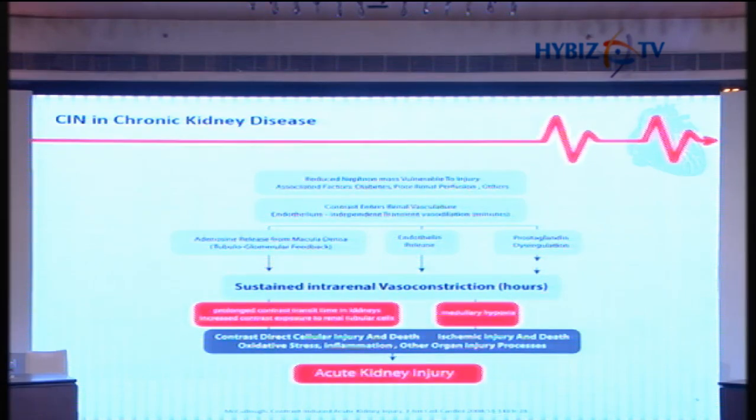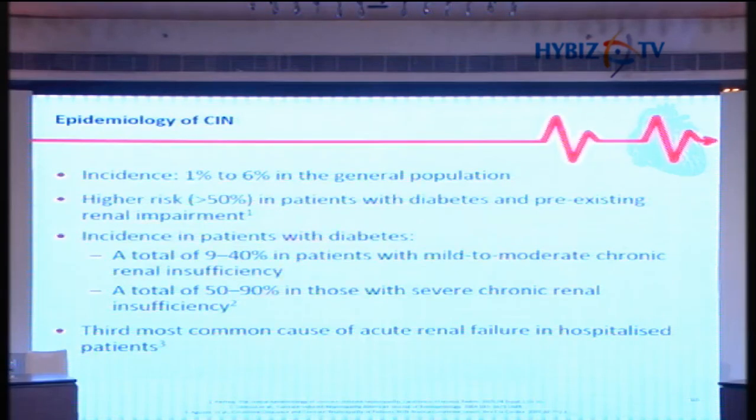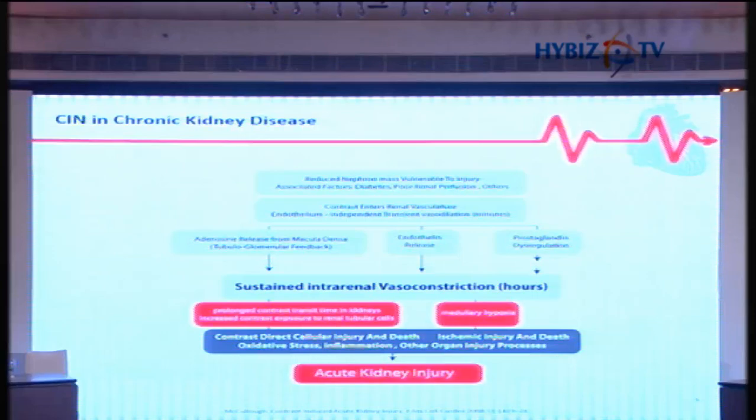Again, this gives us prolonged contrast transit time in the kidneys, and increased contrast exposure to renal tubular cells, and also causes medullary hypoxemia, which gives us acute kidney injury due to direct cellular injury, oxidative stress, inflammation, and also ischemic injury of the cells.